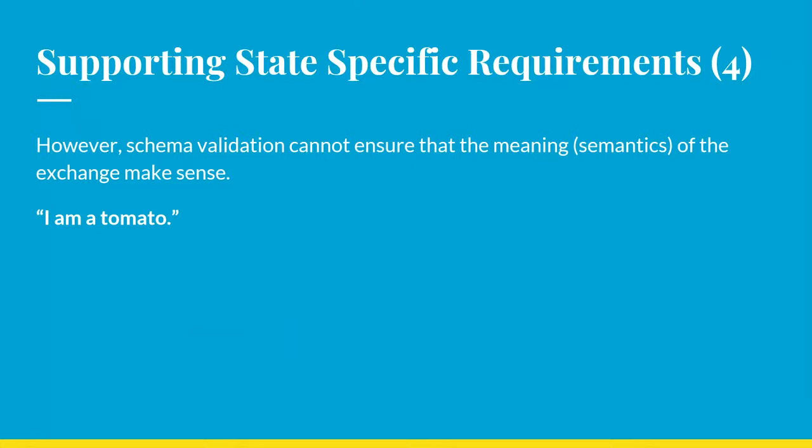So here's an example of something that would be not validatable by a schema language. "I am a tomato" is following subject, verb, object, but it does not make a whole lot of sense.